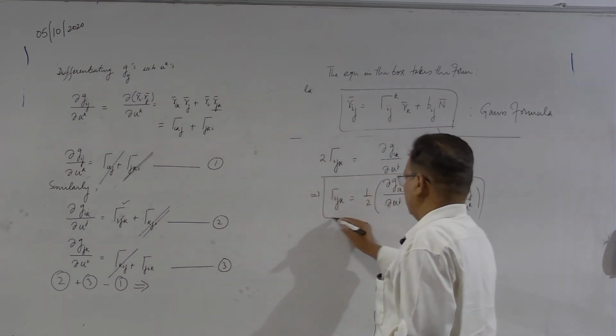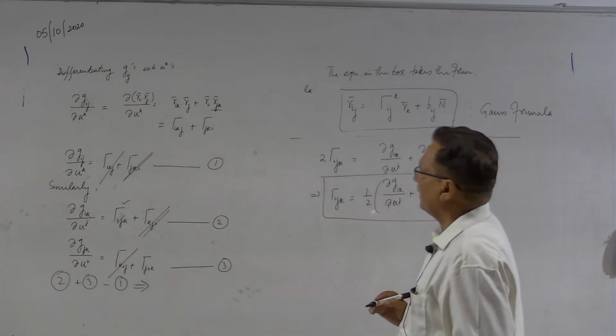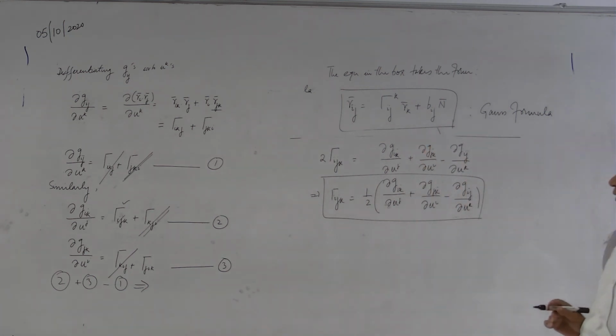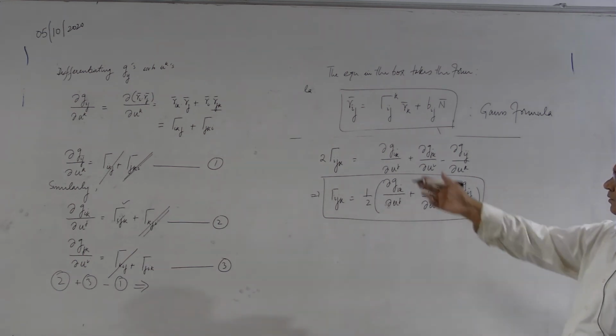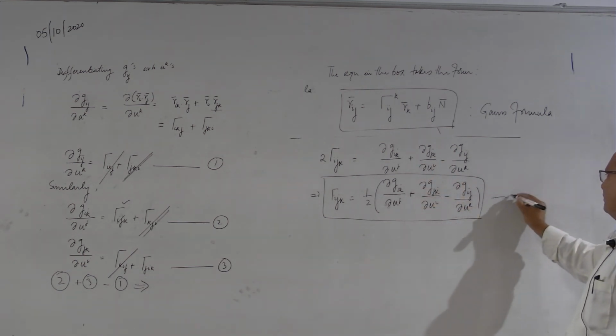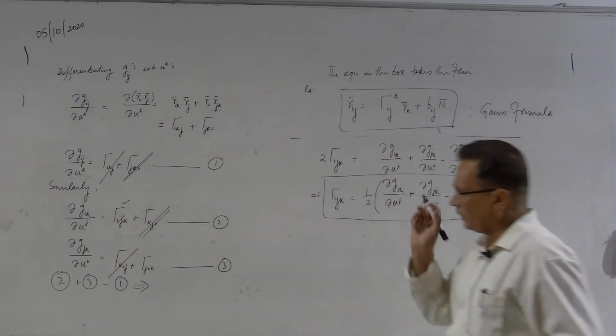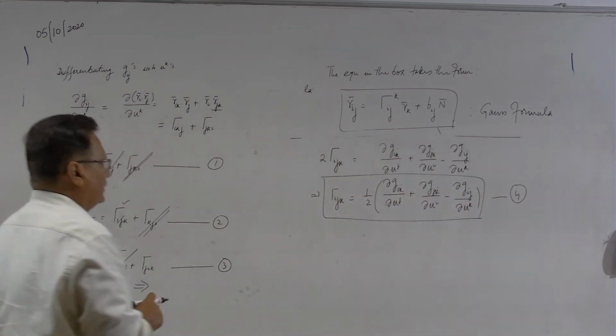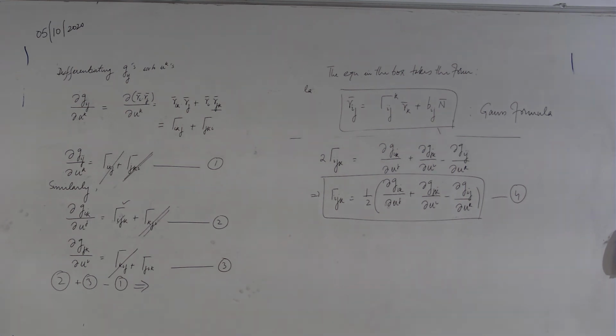So this is the formula, number 4. This is the formula for the Christoffel symbol of the first kind in terms of the derivatives of the g_ij's.